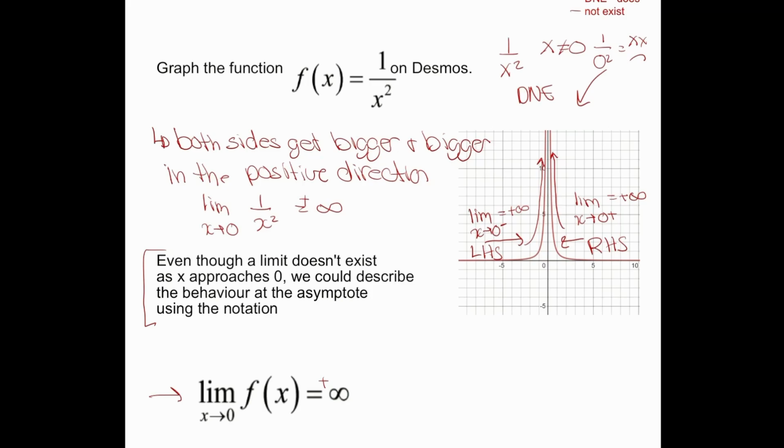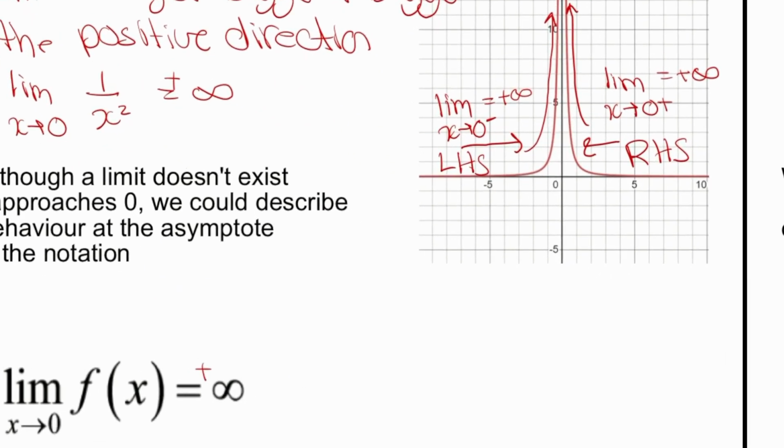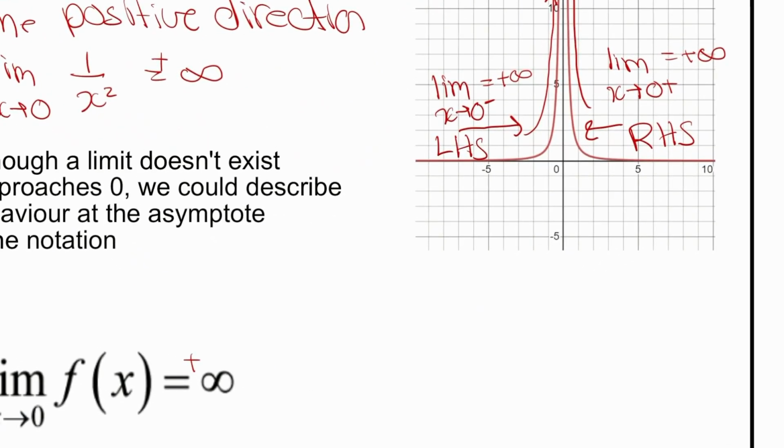Now, I know we've looked at it graphically, but now let's look at it numerically using our left-hand side, right-hand side. So, if I have my limit as x approaches 0 from the left-hand side, let's just choose a number as we're getting closer and closer to 0.